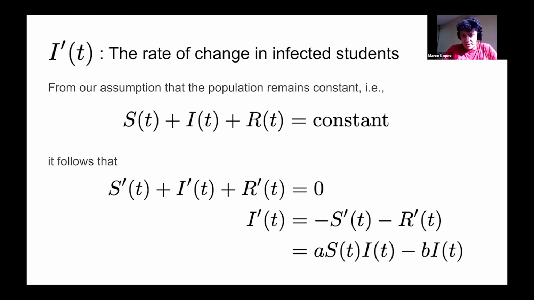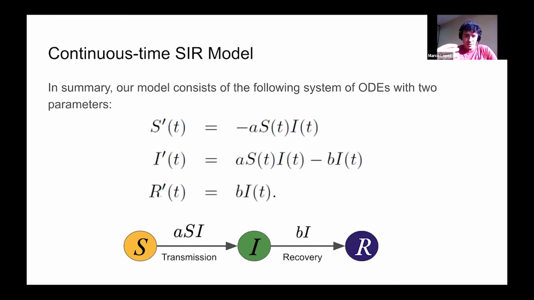In this case, A times S times I minus B I. Those two terms are the two expressions we came up with before, right? So to summarize, our model will basically be this system of three equations and three unknowns, a system of differential equations. It's a nonlinear system, but still simple enough that we can analyze it.